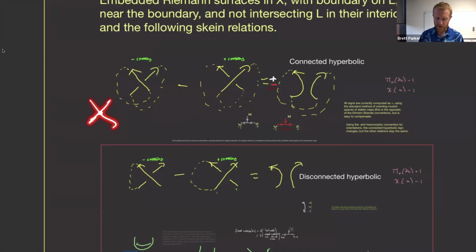In the middle, they have this kind of intersection point. You resolve that on the boundary just as in the usual Skein algebra, but that corresponds to taking two components of the holomorphic curve and gluing them at that intersection point.